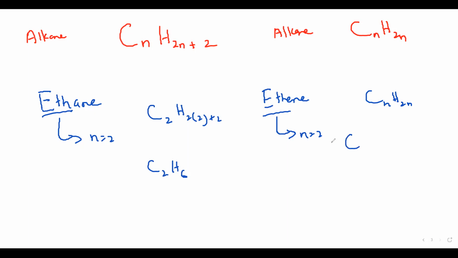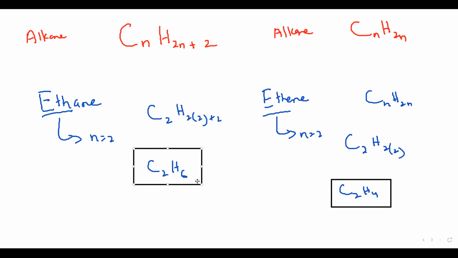If we substitute n equal to 2, it will be C2 and H2 multiplied by 2, because in place of n we put 2. So it becomes C2H4. In alkene the number of hydrogen is always twice that of carbon, but in alkanes the number of hydrogen is twice plus 2.